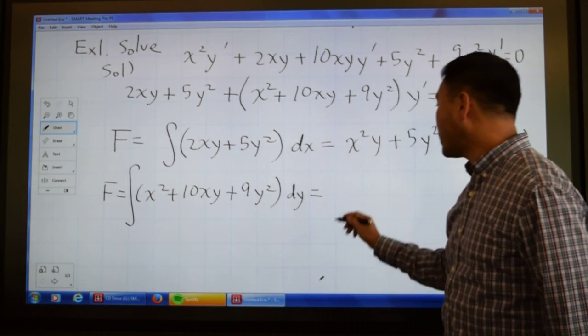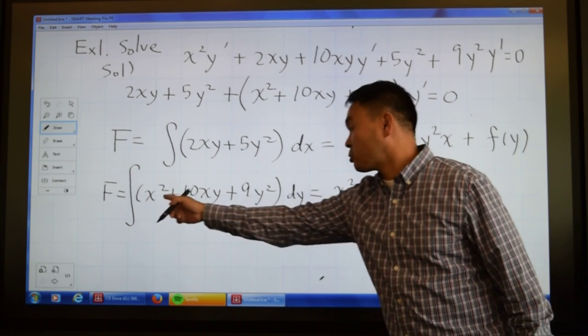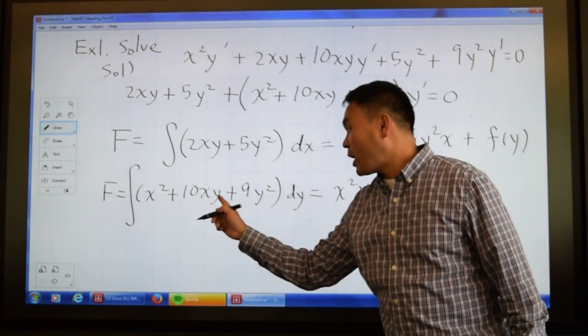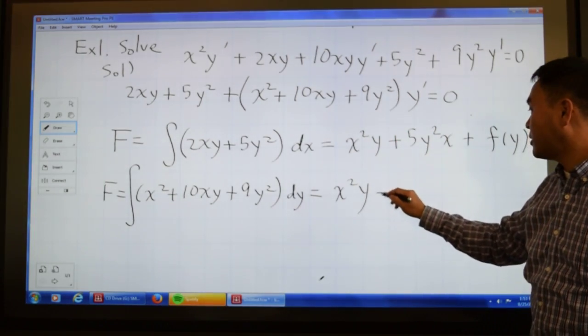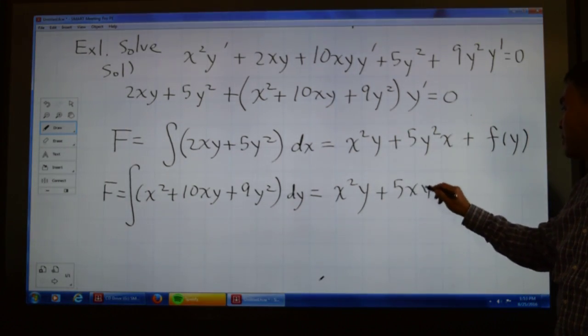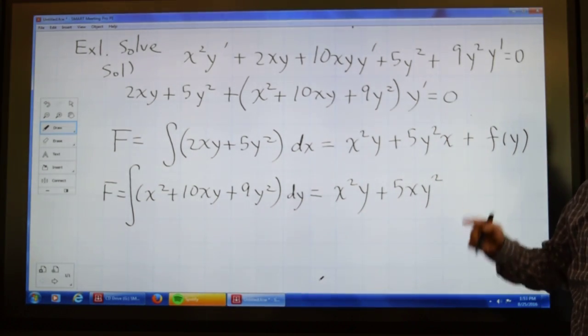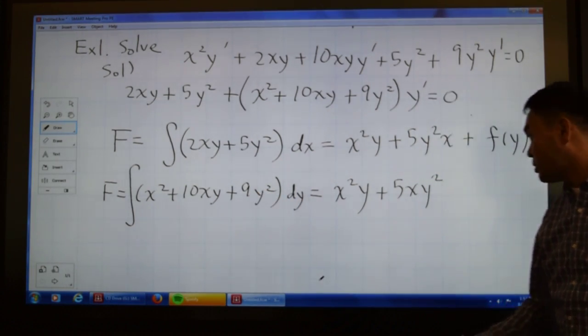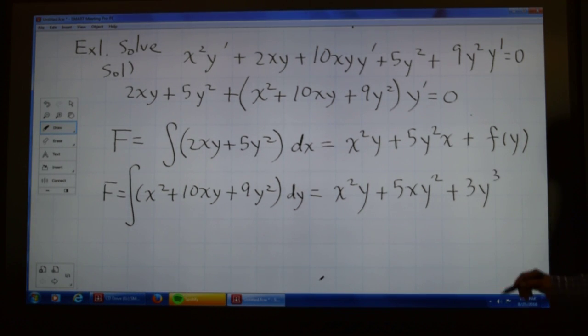If you integrate by y, x squared becomes x squared y. 10y integrates to 1/2 of 10 y squared, which is 5y squared. And 9y squared integrates to 9 y cubed over 3, which is 3y cubed. And plus another function of x.